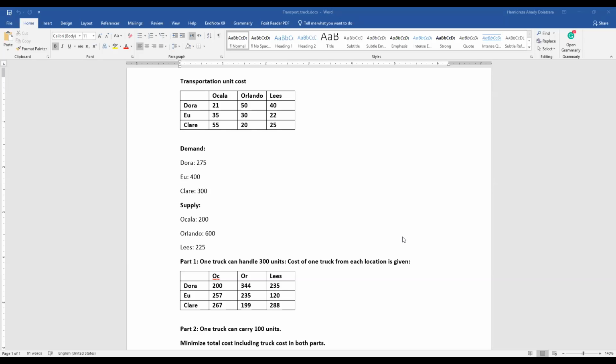Okay, look at this transportation problem. On the rows, you see your suppliers, Dora, EU, and Claire are suppliers. And Ocala, Orlando, and Leeds are our customers.